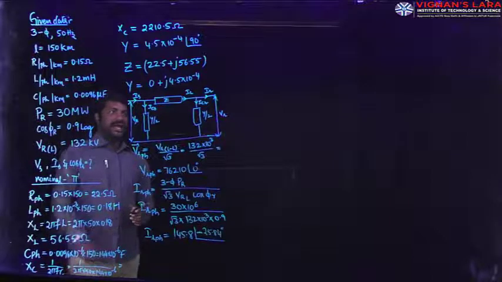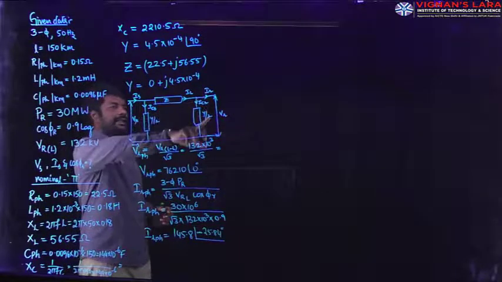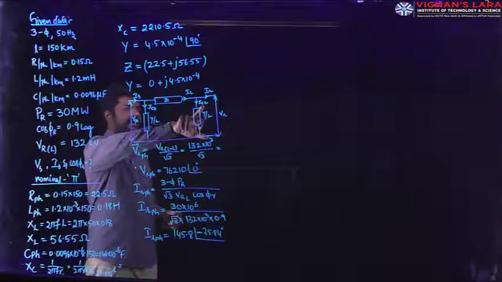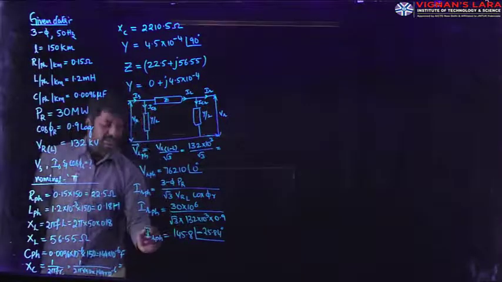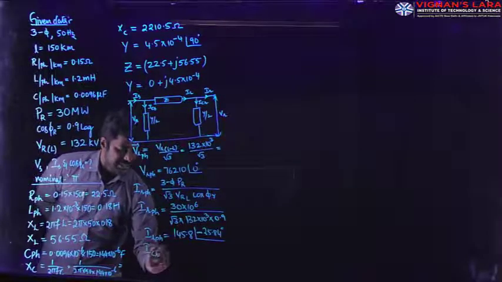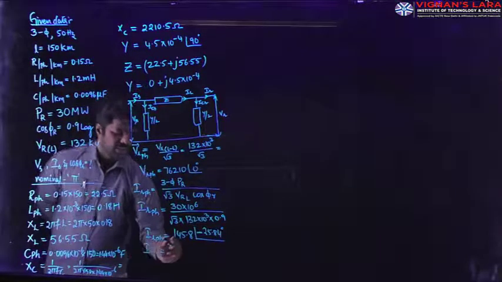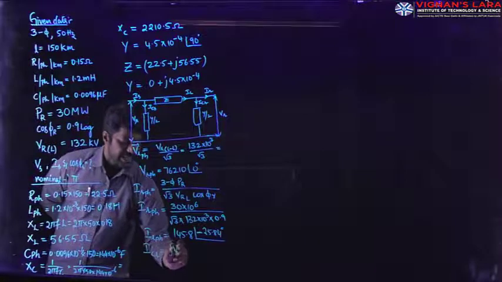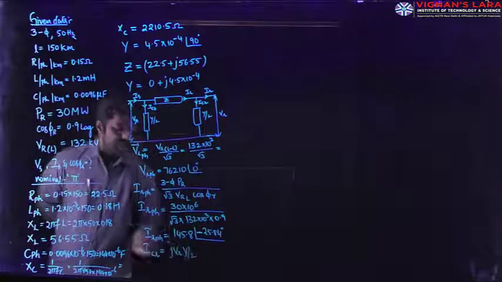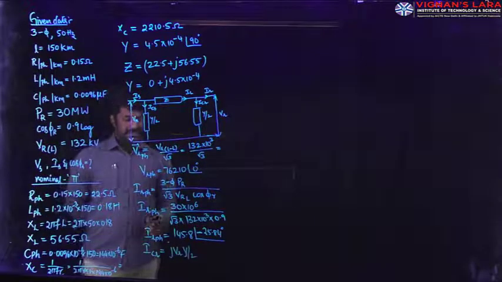So once IR is known to us, then using Ohm's law, we should be in a position to calculate ICR. What is the formula for ICR? The capacitive current on the receiving end side is equal to J VR Y by 2. Let me simplify that.